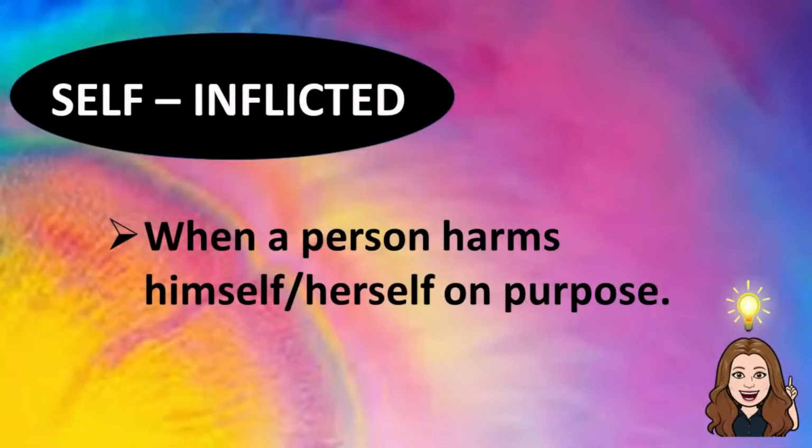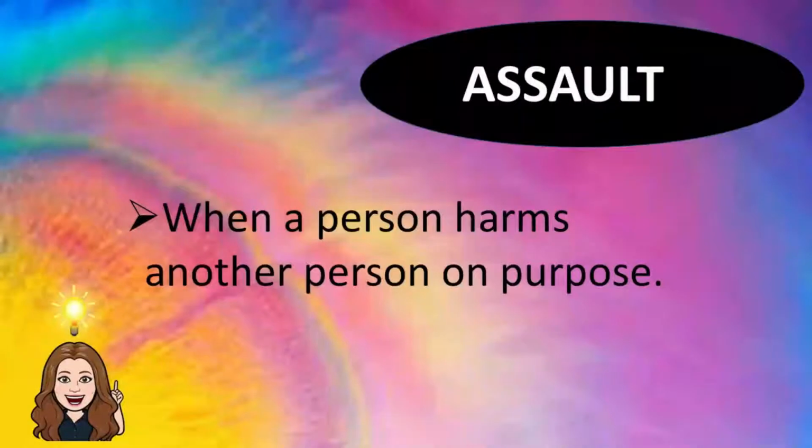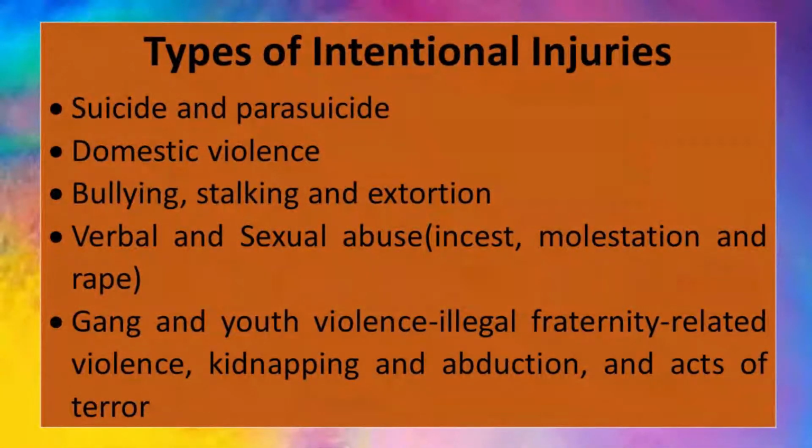Self-inflicted is when a person harms himself or herself on purpose. Assault is when a person harms another person on purpose. We have several types of intentional injuries.